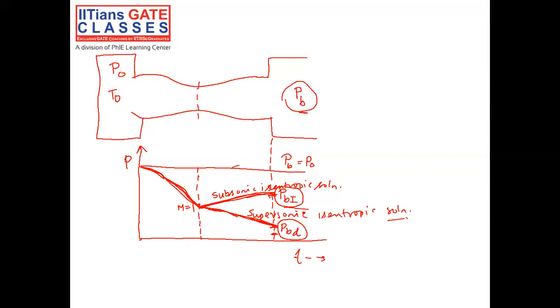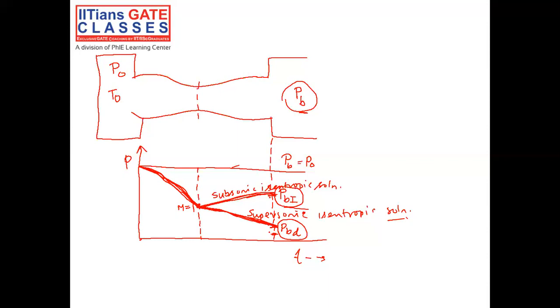Again, the flow in the convergent part remains unaffected, and it follows this path. But just before the exit plane, the flow sees a certain pressure change, because at the exit plane it will see a pressure which is less than the design pressure, so the flow has to match this pressure change.